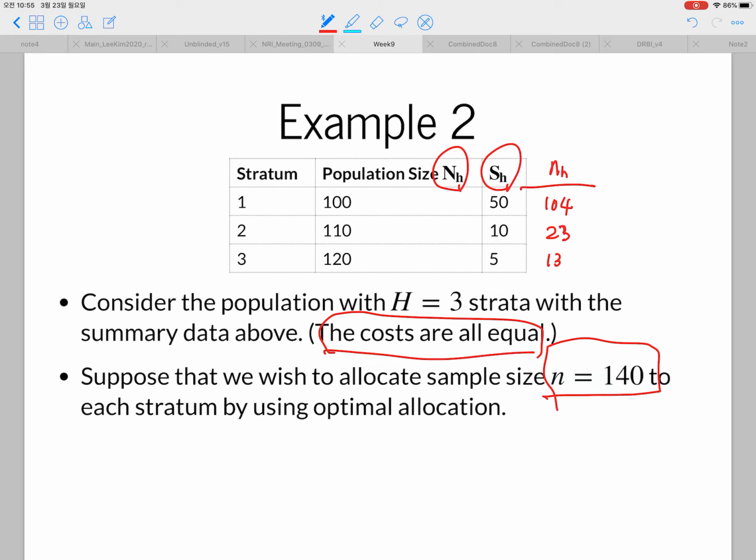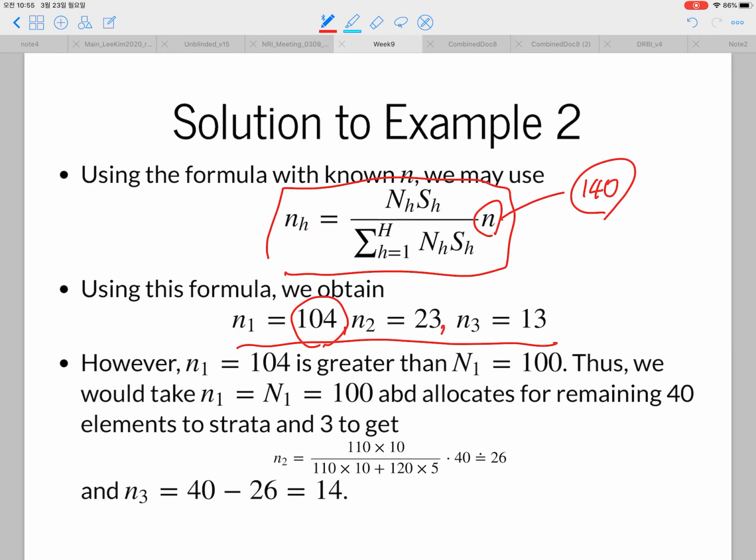So this is impossible, right? Because the population size is 100, and there's no way you can select 104 elements from a population of size 100. So that's impossible. So we have to do something, and basically we just put everybody in.